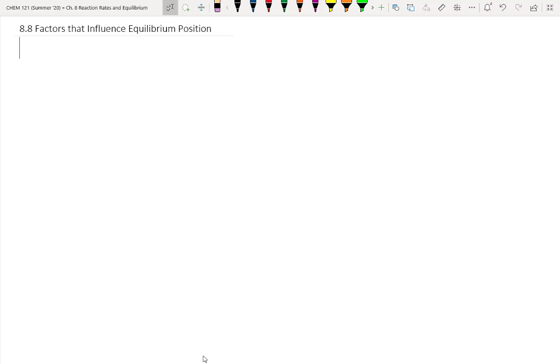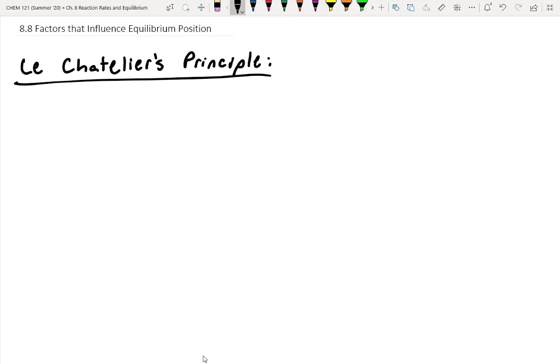All right, and the name of this is pretty fancy. It's Le Chatelier's principle. And the lab that you have is directly related to Le Chatelier's principle. And Le Chatelier's principle essentially describes what I was just saying.